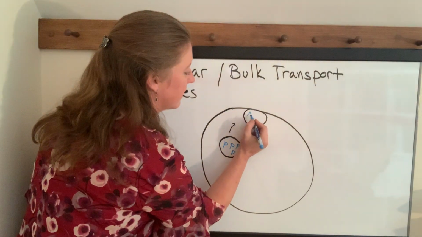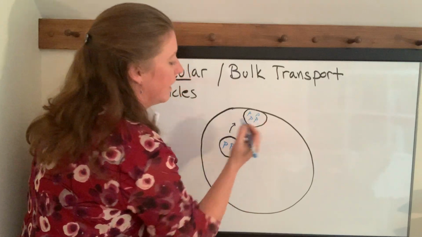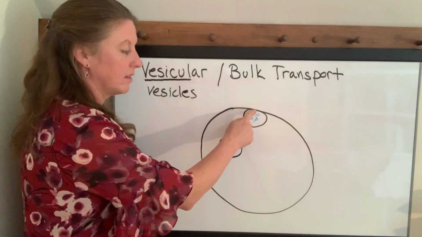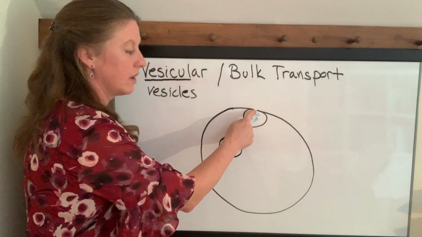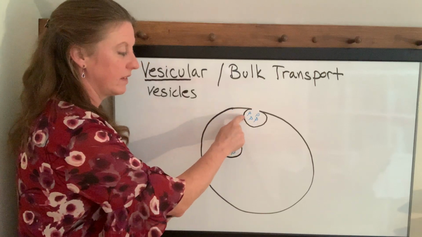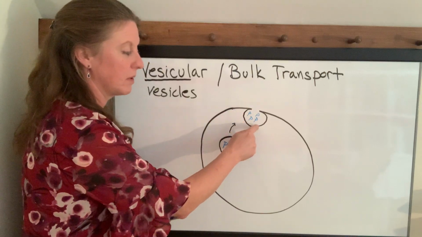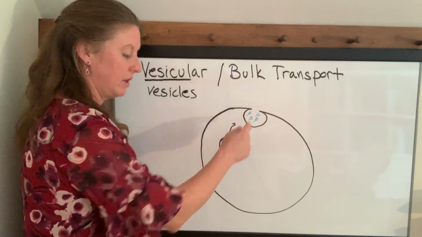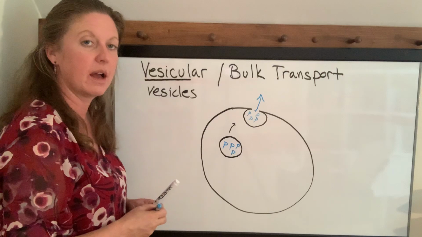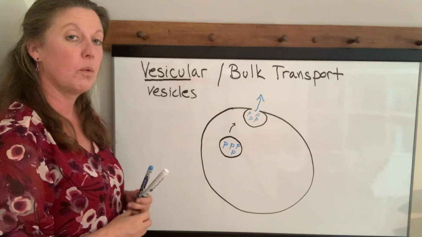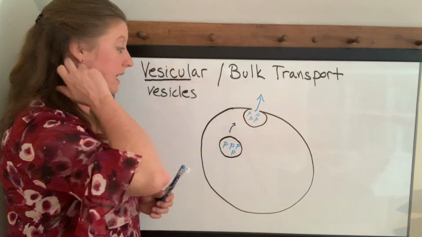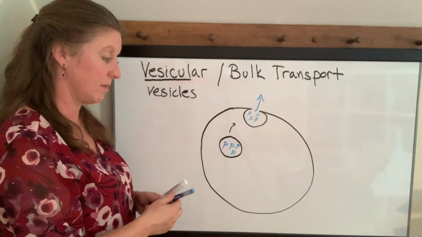Okay, so here's our vesicle now. Once the vesicle docks at the plasma membrane, the membrane separates so that the vesicular membrane and the plasma membrane become one, and there's now an opening that allows the proteins to go outside of the cell without ever having created a break or an opening in the plasma membrane that could cause damage.